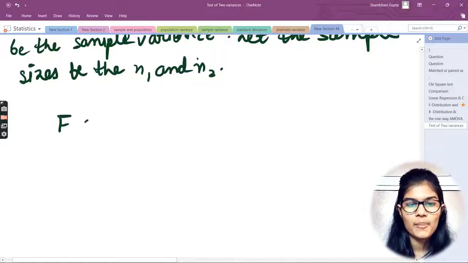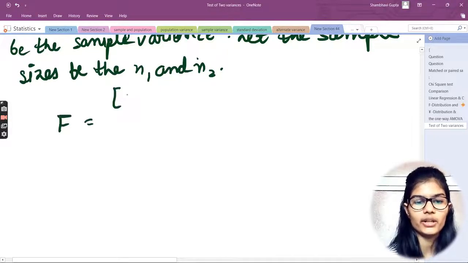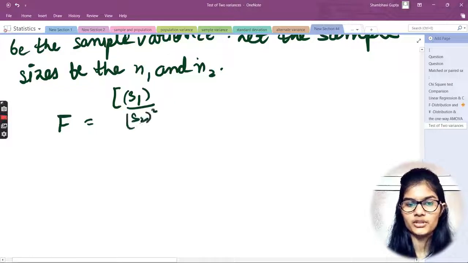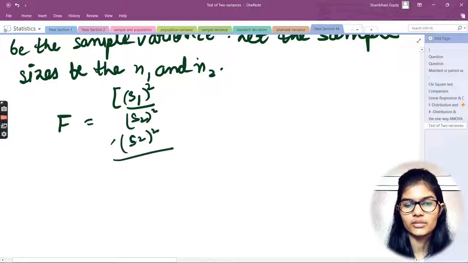So here it goes: F is equal to, now we have S1 and S2. It goes S1 upon S2 whole square. After that we have the second one as well. Here S2 in the bracket we have S2 squared divided by sigma 2.